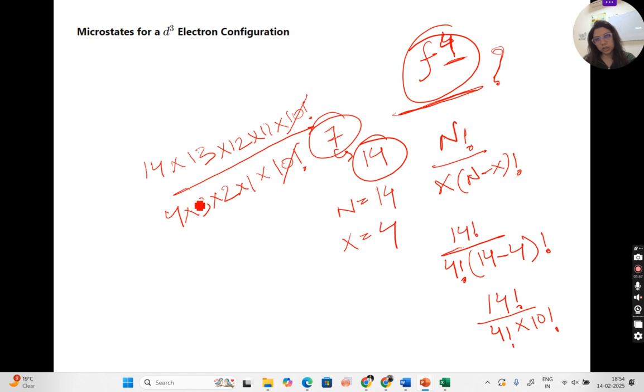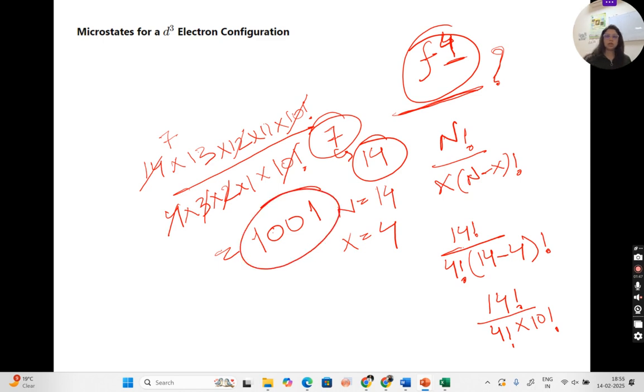This 4 into 3 gives us a value of 12. This 2 will cancel out this. So by solving, this is 7 into 13 into 11. So the answer is 1001. These are the microstates which this system will have.